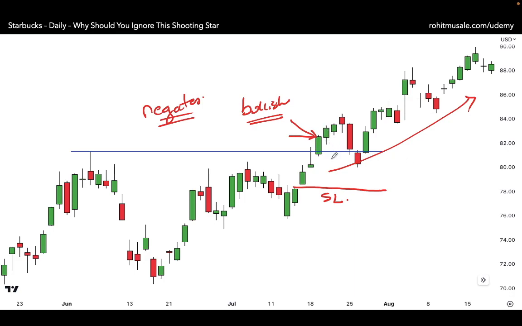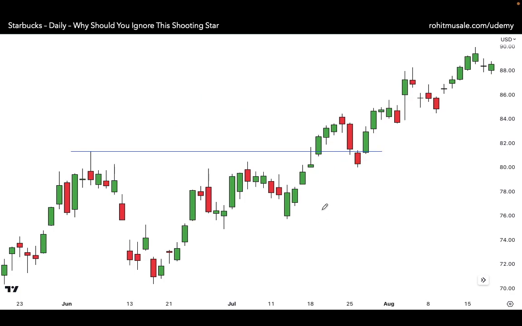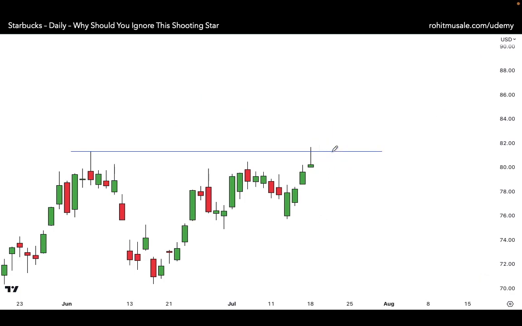Some aggressive traders do that. I wouldn't do it because I need a clear support and resistance level. In this case, normally if you want to go short on a shooting star, you keep your stop loss here, you keep your entry price here, and then you aim for the market to go down. But in this case, because of that window, we couldn't do that, right?